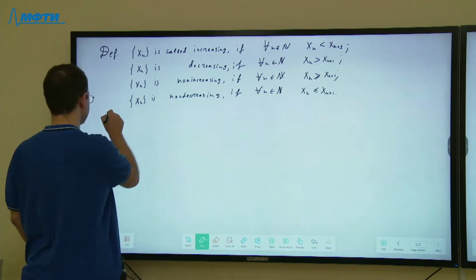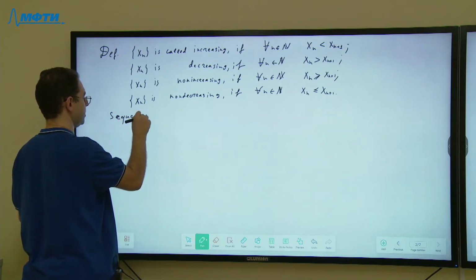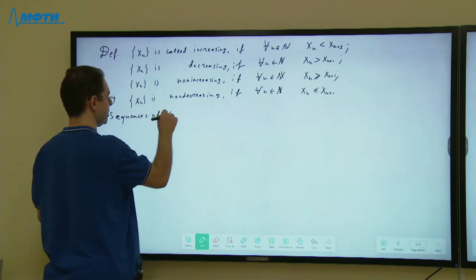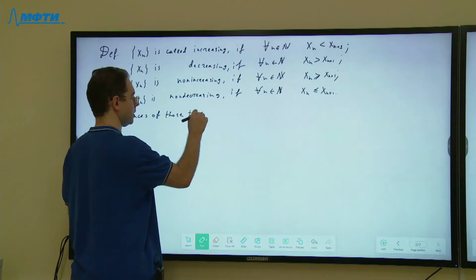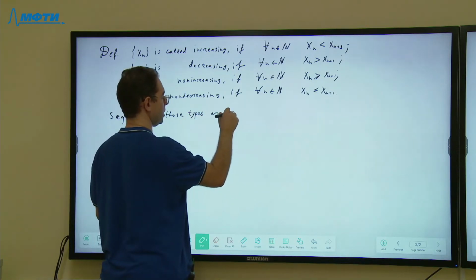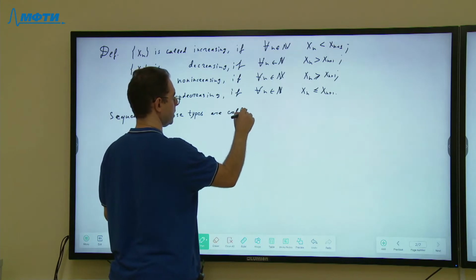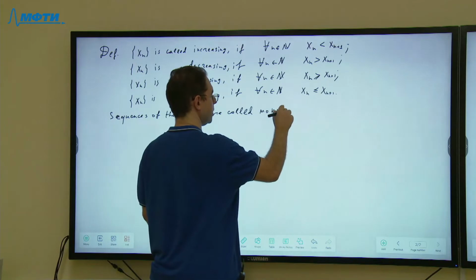Sequences of any of those types are called monotonic sequences.